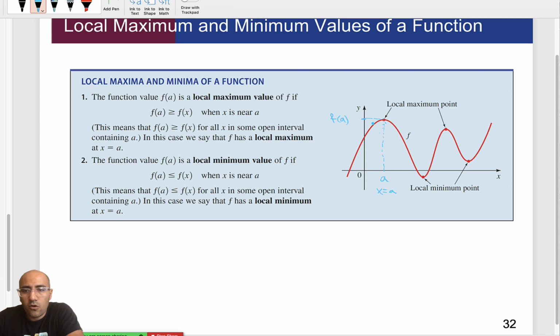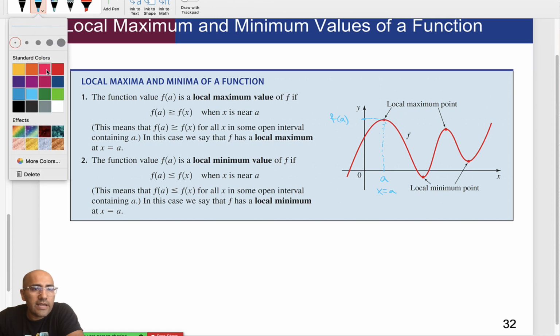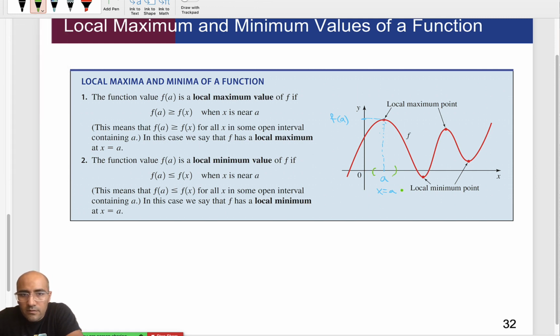F of a is called a local maximum if there exists a little neighborhood around the value a, a little subsegment of the domain, such that whenever you pick any x value in this little neighborhood and you evaluate it, this leads to f of x.